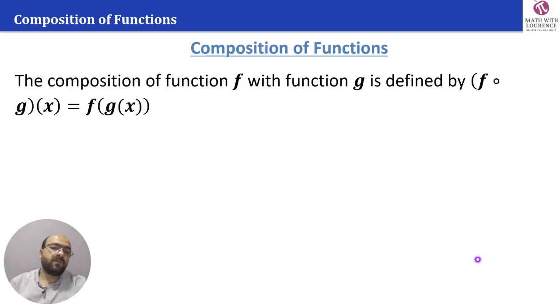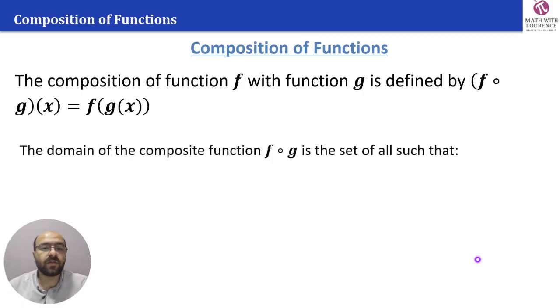But be careful. It's not enough to composite the functions and combine them. It's very important to determine the domain of this composite function, because each function has its domain, right? So f has a domain and g has a domain.